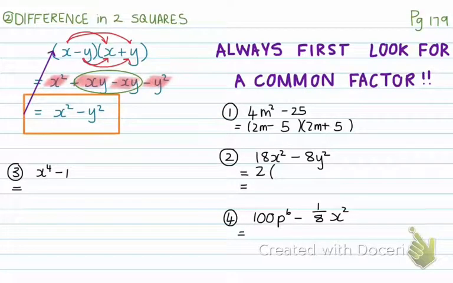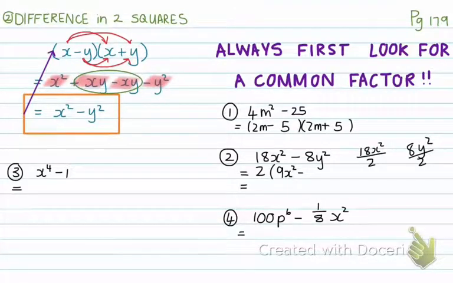Now remember we said if I take out a common factor, and I must determine what's left inside the brackets, I take the first term and I divide it by the common factor that I took out. And 18 divided by 2 is 9, and the x squared will be left. All right? Now you take your second term, which is 8y squared, and you divide it by the common factor that you took out.